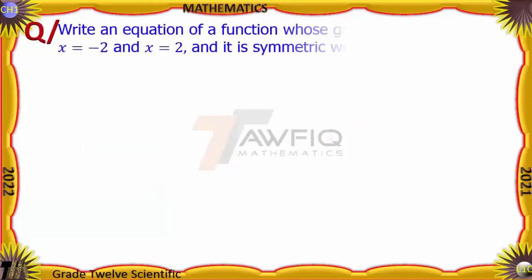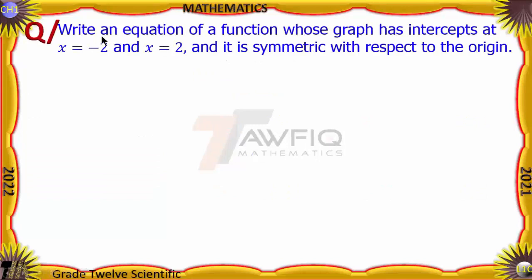Question: write an equation of a function whose graph has intercepts at x equal minus 2 and x equal 2, and it is symmetric with respect to the origin. Solution: the intercepts are minus 2 and 2.